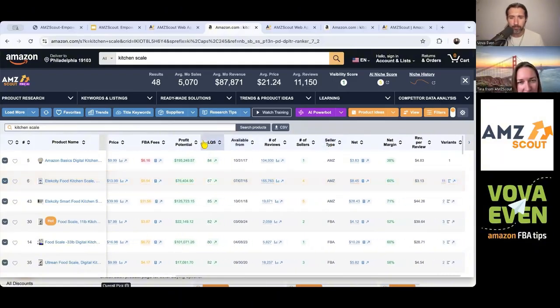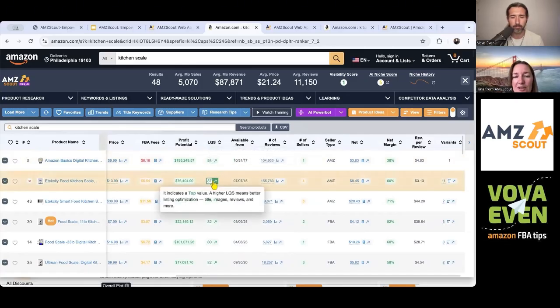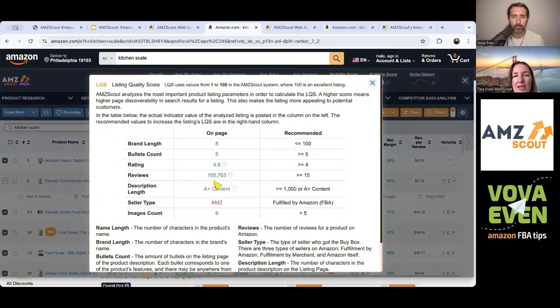Okay, I stopped here. The listing quality score, I already spoke about it. It indicates how good the listing is, and it goes from 0 to 100. Again, if you see the arrow, you can click on it and it will explain why it has this score, which is 87 in this case.